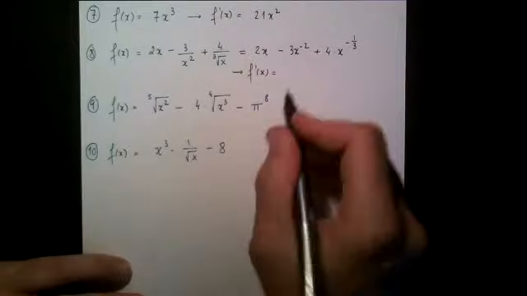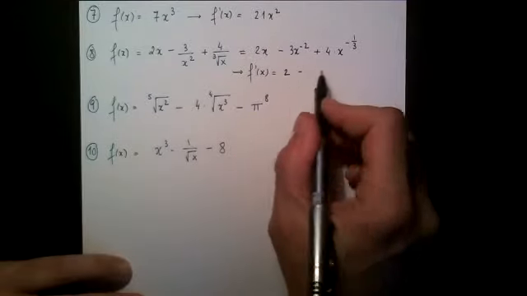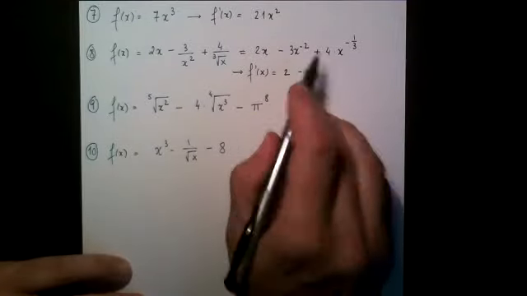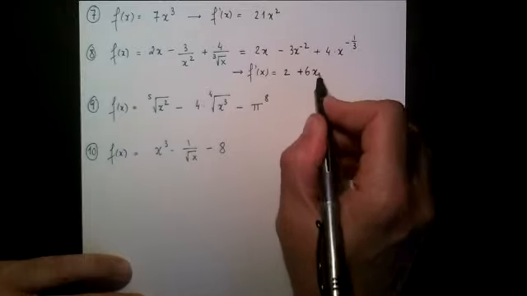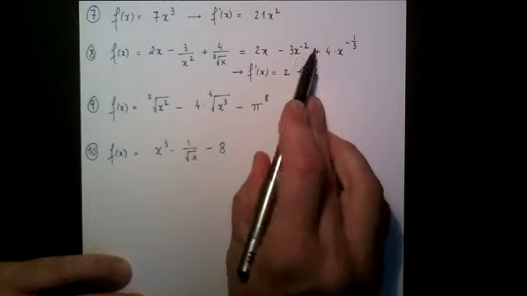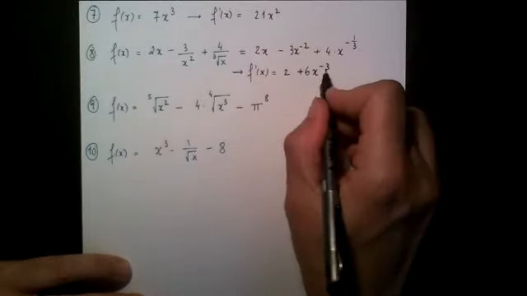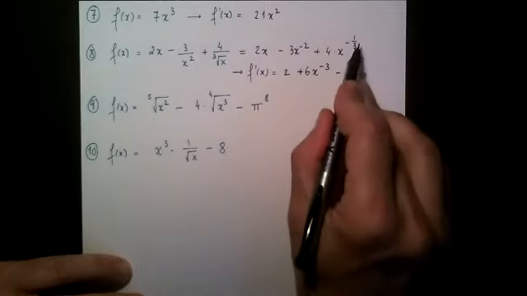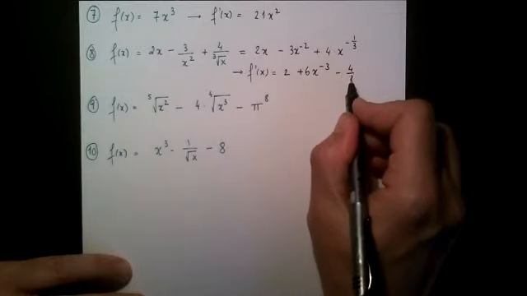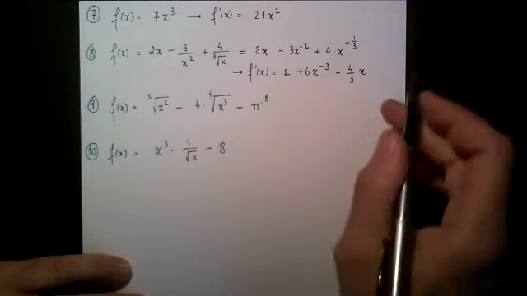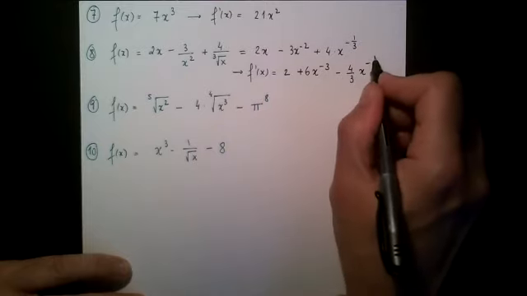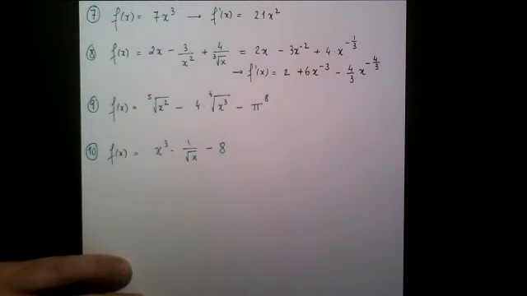So f prime is going to be 2 minus, 3 times minus 2 is minus 6, so minus minus 6, so plus 6, x to the minus 2 minus 1 is minus 3. And then minus 4/3 x to the minus a third minus 1 is minus 4/3. This is what I get.